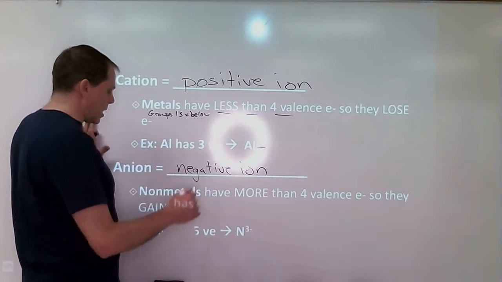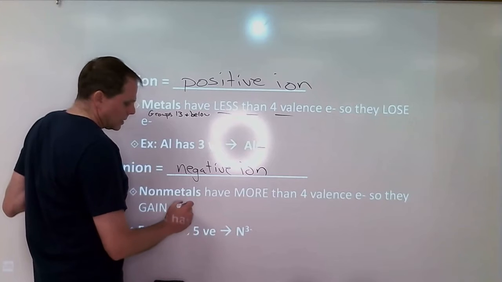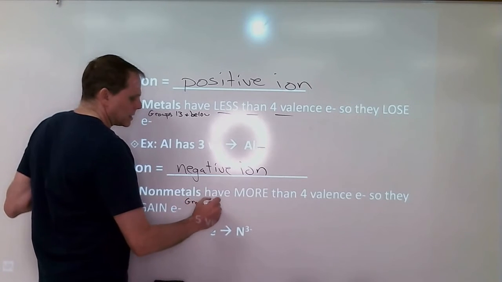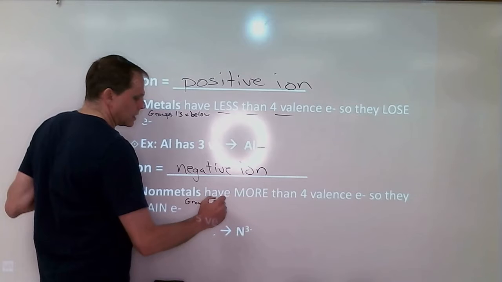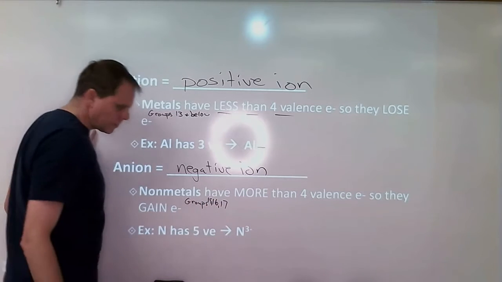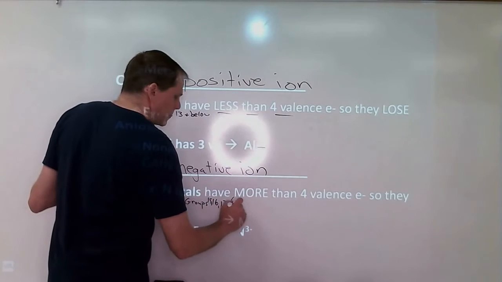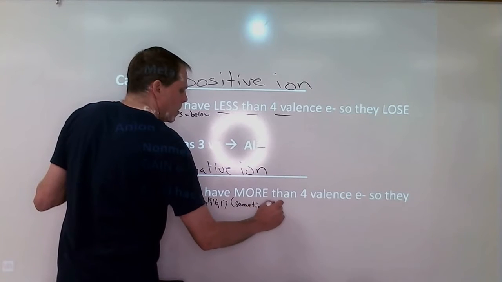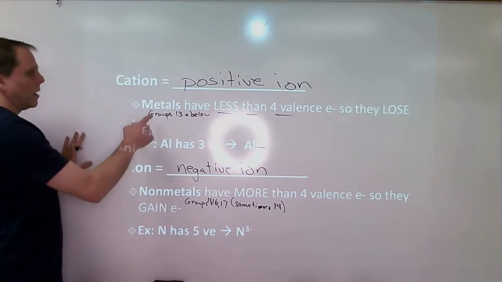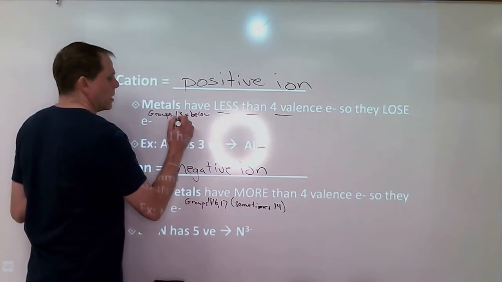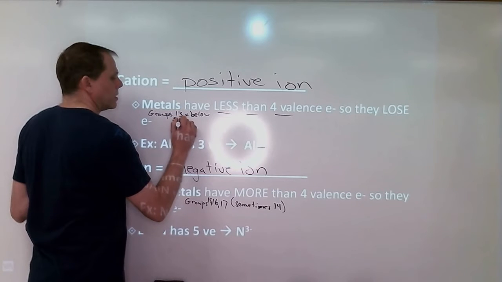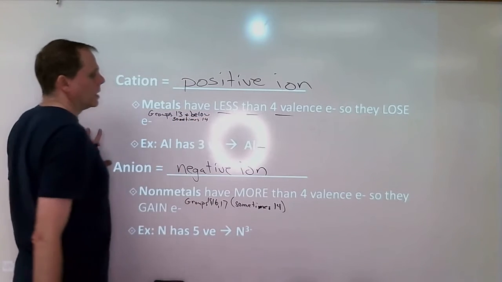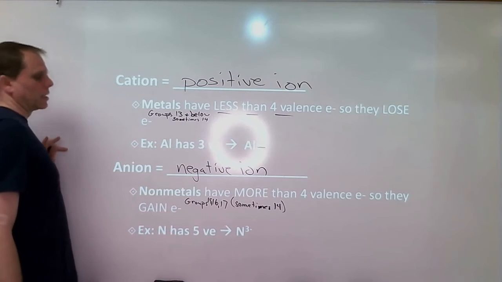So we're going to say groups 15, 16, and 17, sometimes 14. Sometimes 14 here, since some of these could be losing electrons as well.